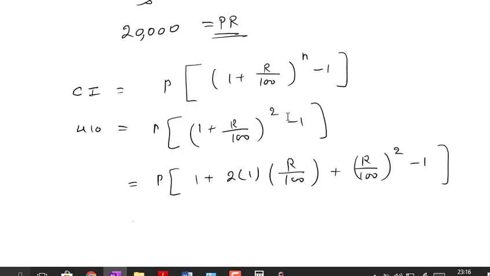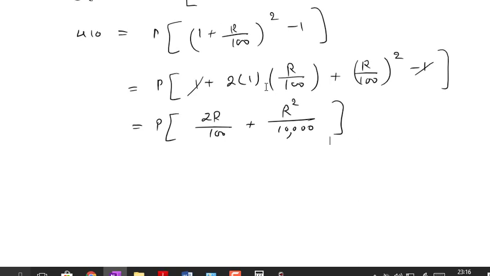So this is P into, now 1 minus 1 is cancelled. Here we have 2R upon 100, and here I have R square upon 10,000.